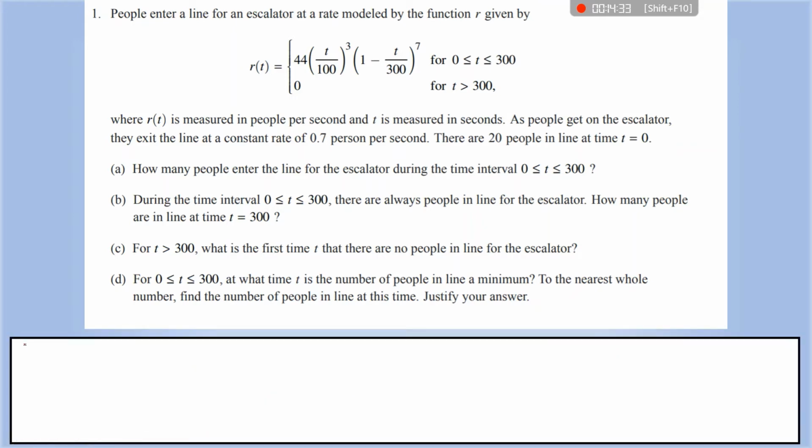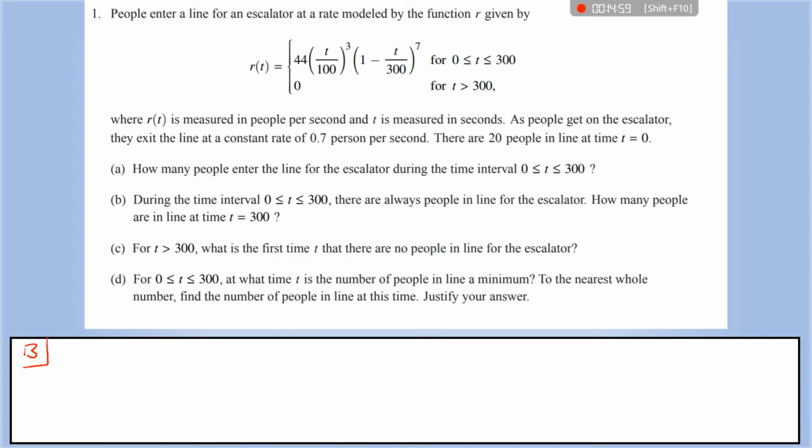So part B. From 0 to 300, there are always people in line for the escalator. I want to know how many people are actually in line at time 300. So we just plug in 300? Well, I've got people coming into the line, and I've got people exiting the line.